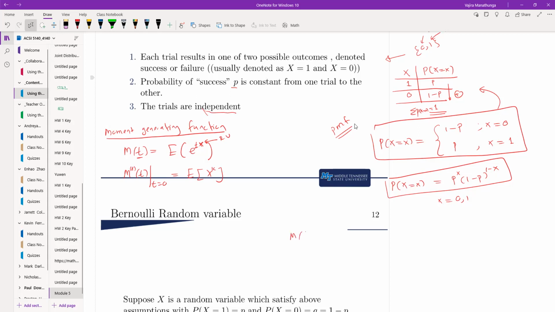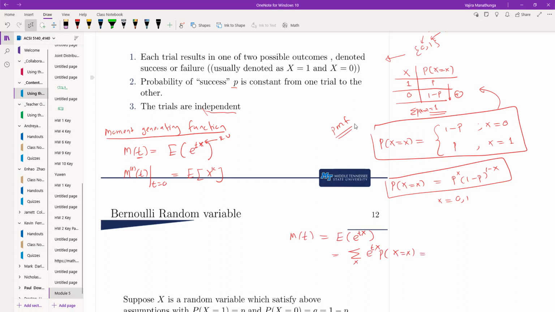So if I write the expected value of e to the tX, using the definition, this is going to be the sum of e to the tx times probability X equals x.